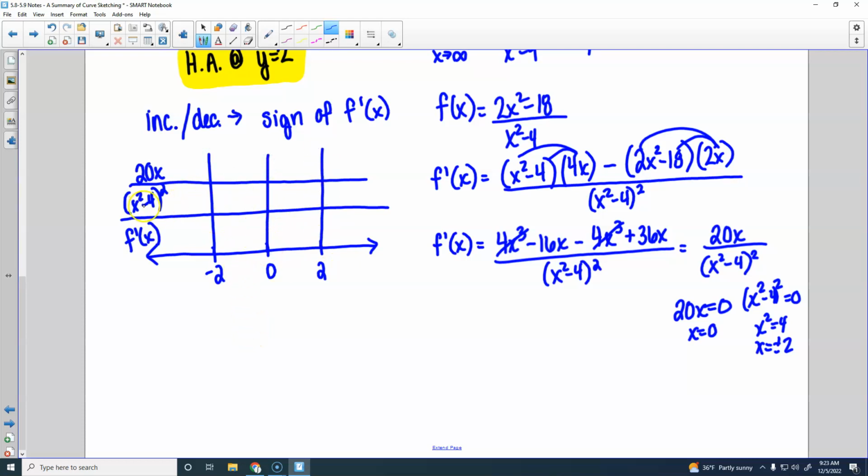And x squared minus 4 squared is always positive because you're squaring it, right? Can equal 0, but as far as our intervals right here, it's going to be positive everywhere. And then 20x is really all you're looking at. You'll get a negative here for these two and positive here.